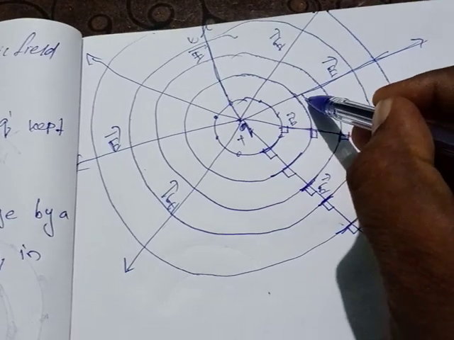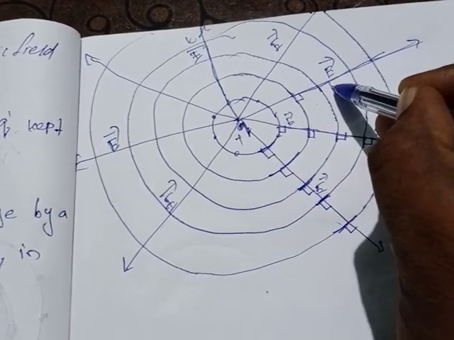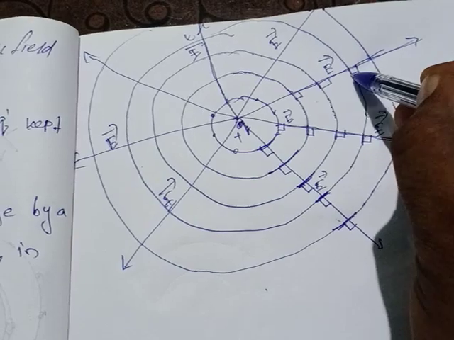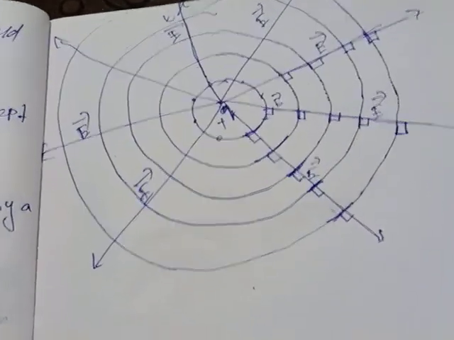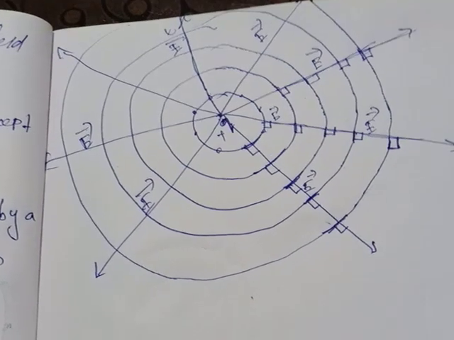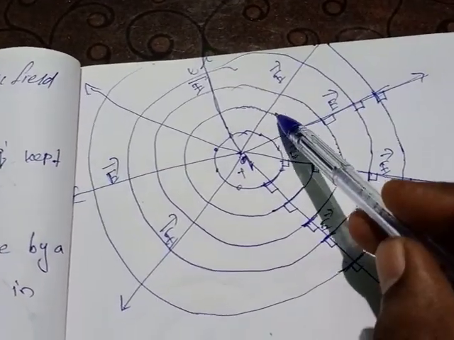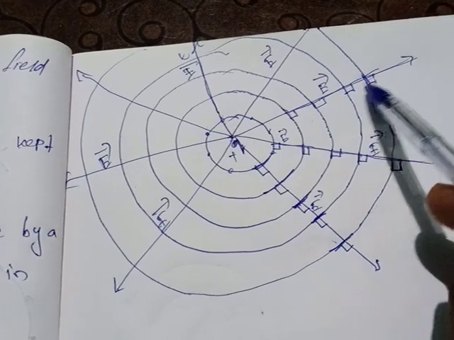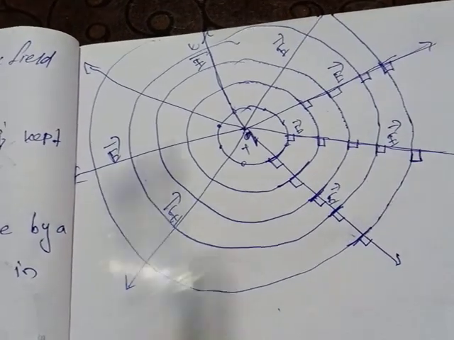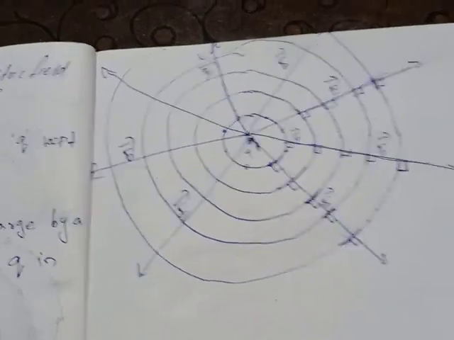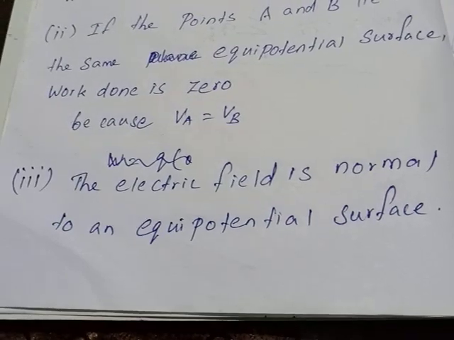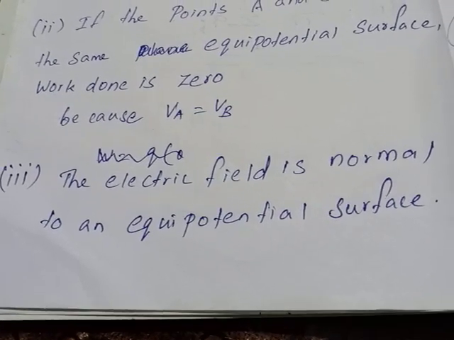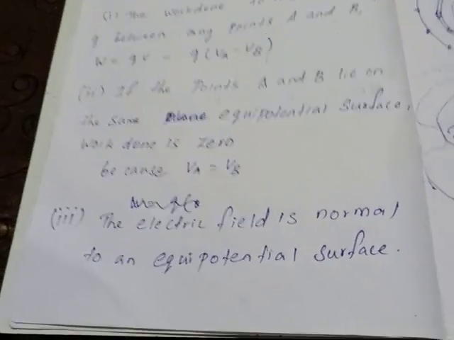This is equipotential, electric field, equipotential, electric field. Now you see how nice it is. So the electric field is normal to an equipotential surface. This is the third property of equipotential surface.